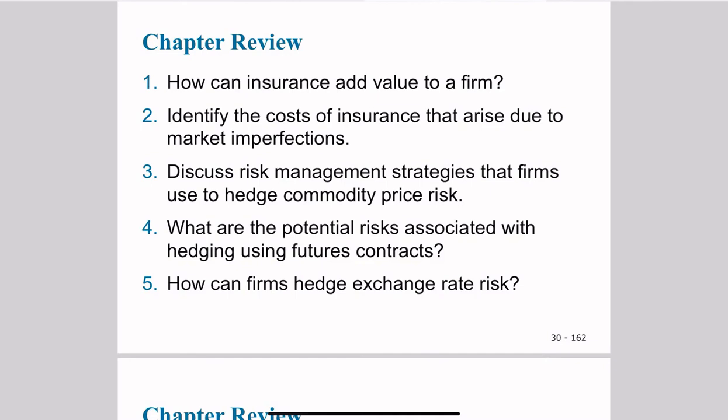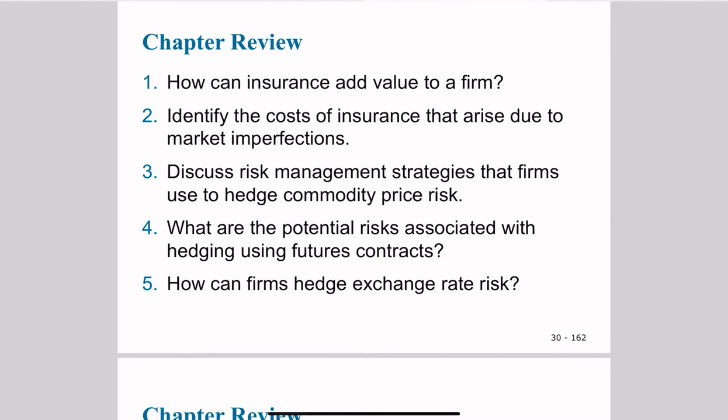The first one is that insurance can reduce financial distress costs. Without insurance, if bad things happen, the firm could have cash shortfalls, and in this case the firm could suffer from financial distress costs. But with insurance, the firm doesn't need to worry about this, so there would be no risk of financial distress costs.